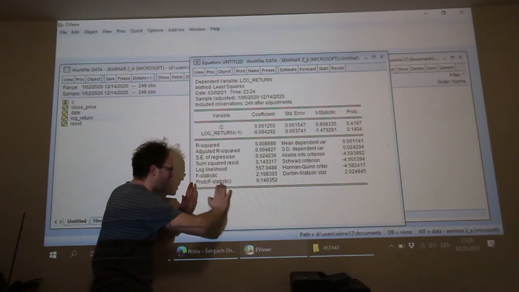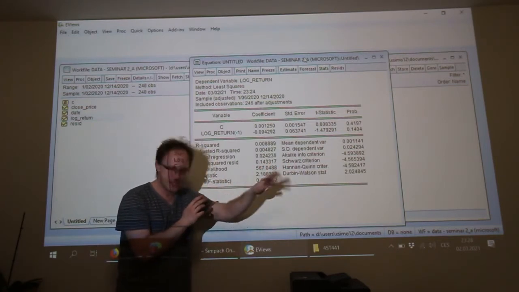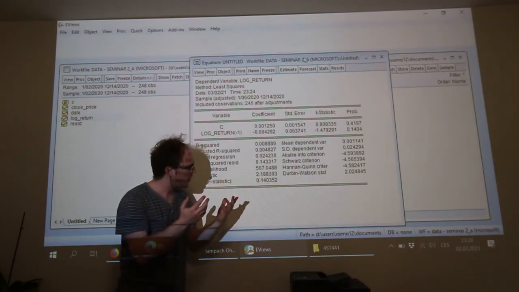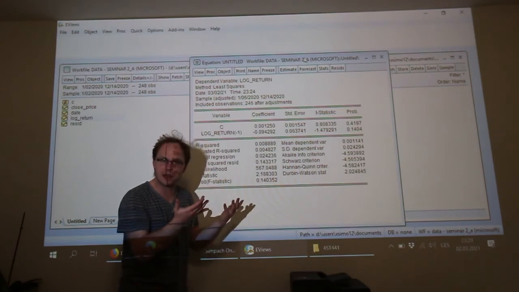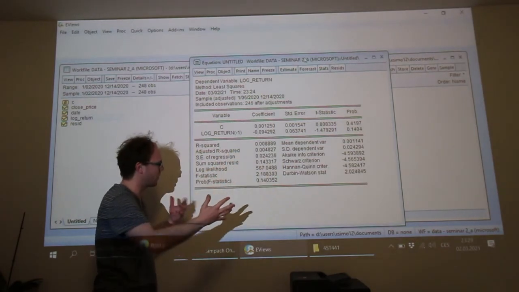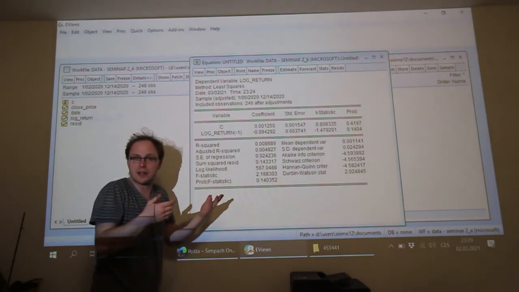Because this p-value 0.14 is higher than the 5% significance level, H0 is not rejected. What does it mean? There is no correlation, there is no dependence inside the data set.